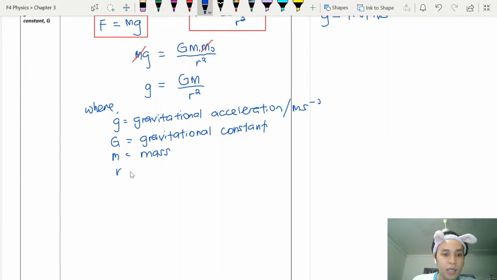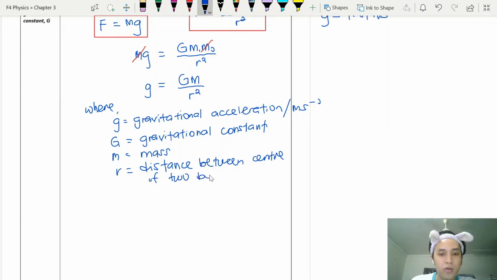Your r, remember, is the distance between the centers of two bodies, and this one must be in meters.